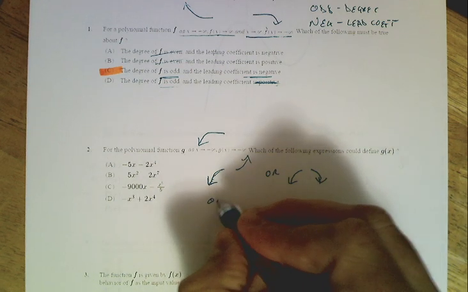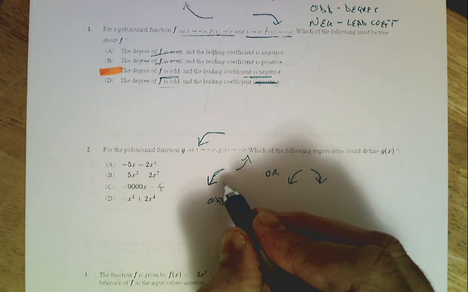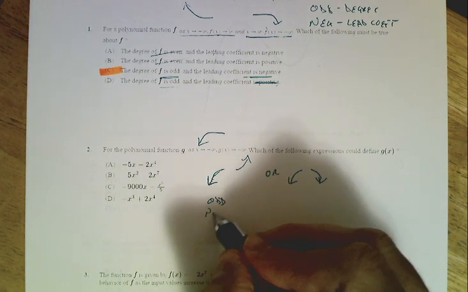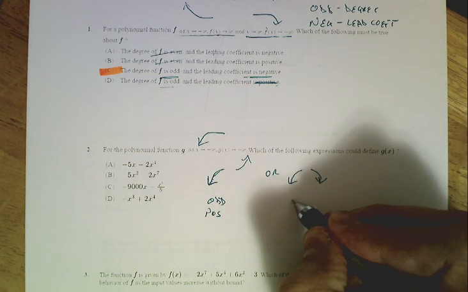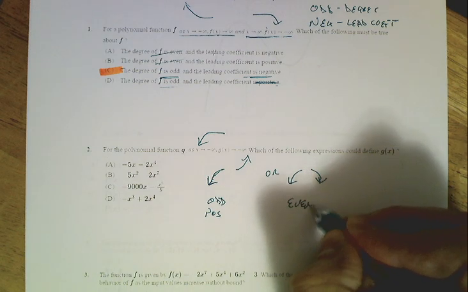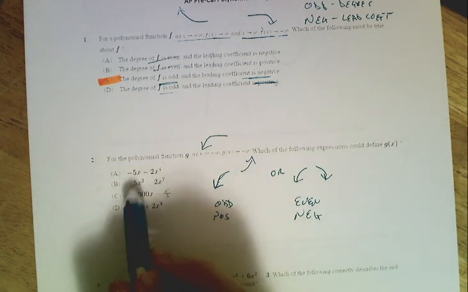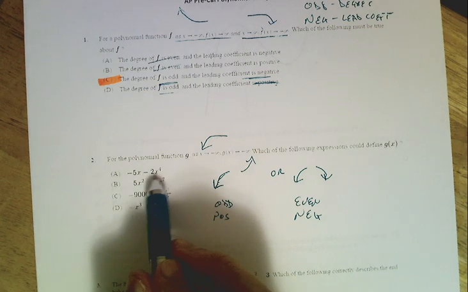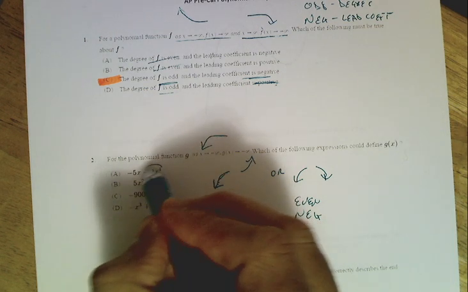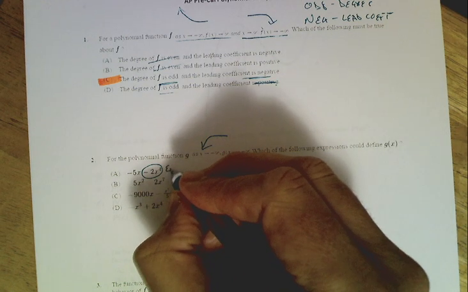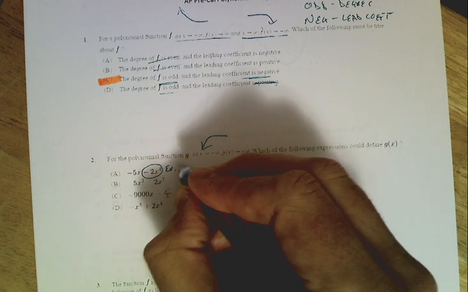This would be an odd positive, and this would be an even negative. So let's see. Here, negative 5x minus 2x to the fourth. So this is our leading coefficient here. It's the highest power. This one is even and negative.